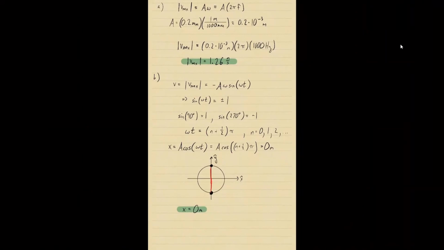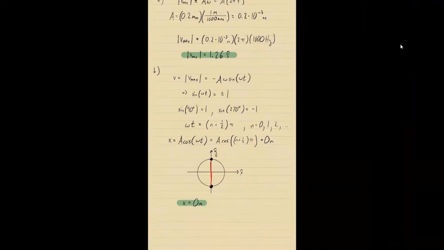All right, just like how we looked at the displacement and the velocity of something undergoing simple harmonic motion, now we can look at the acceleration.